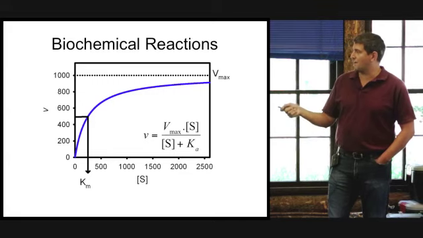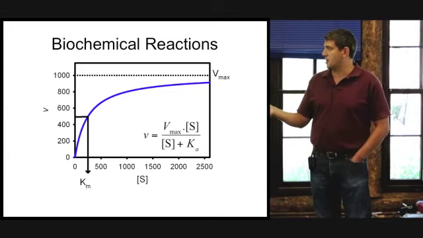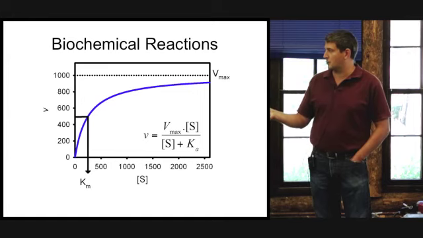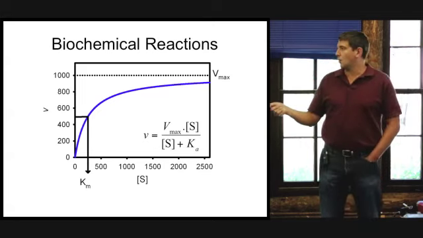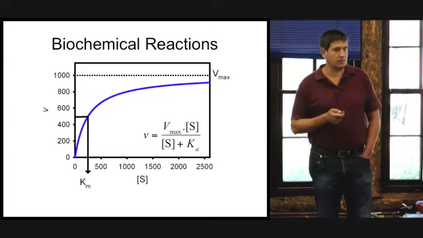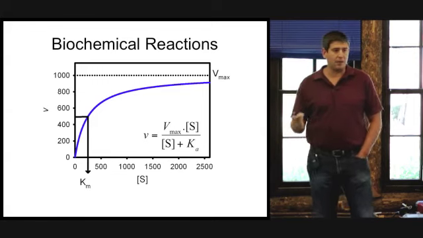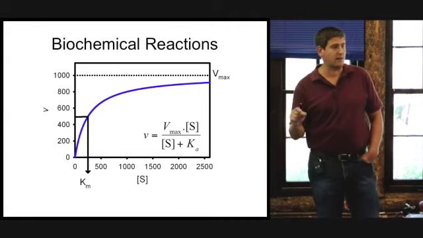If you take 1/2 of Vmax, and in this cartoon diagram I just made Vmax 1,000, so you take a reaction rate of 500, and you extrapolate to what substrate concentration you need in order to be at 1/2 of your maximum velocity, that's going to give you your Michaelis constant. So this is sort of your affinity. The lower your Km, the easier it is for a substrate to find its way into an active site on an enzyme.